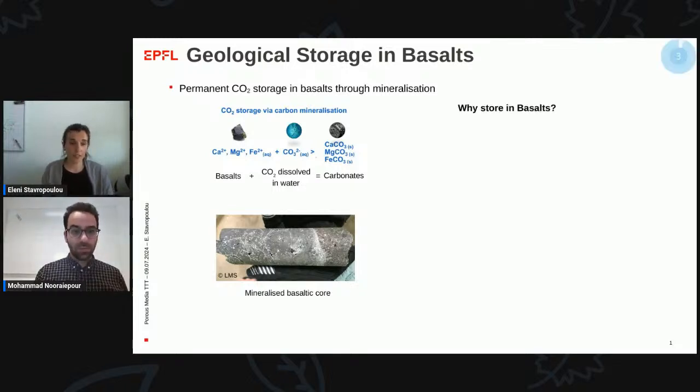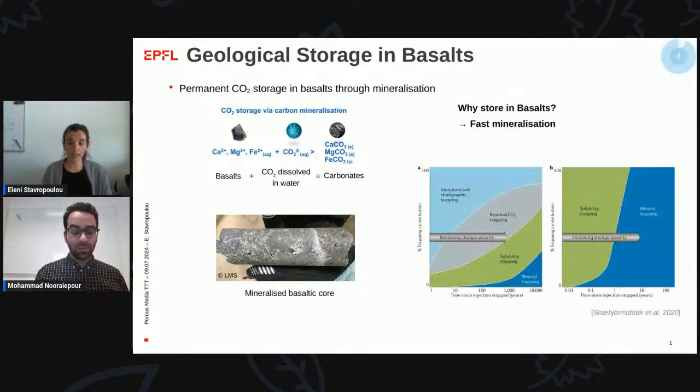There are several advantages for storing in basalts. First of all, mineralization happens fast. I don't know if you're familiar with geological CO2 storage. This first diagram is a typical diagram that shows the different trapping mechanisms contribution with time. And as time increases, the storage security increases.